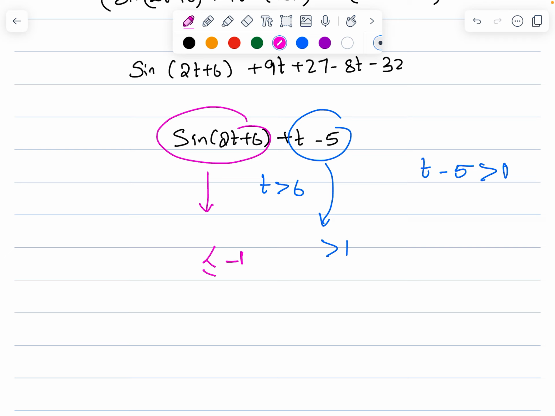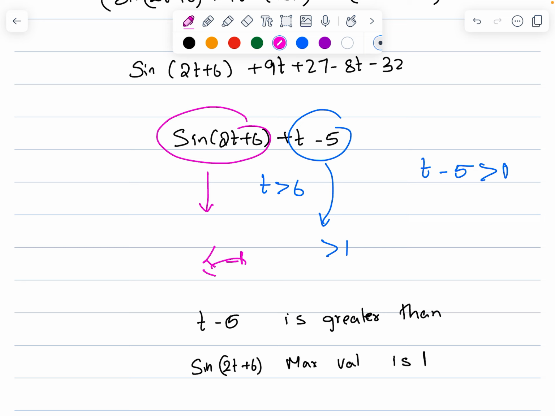So t minus 5 is greater than 1, and the maximum value of sine is going to be 1.